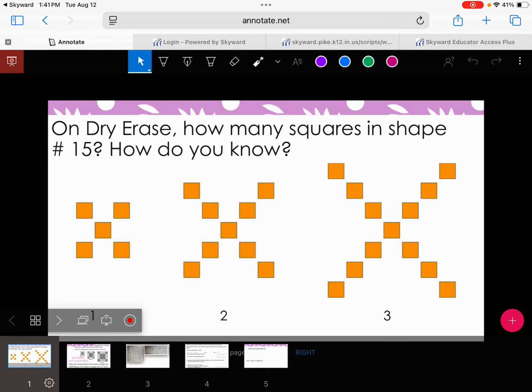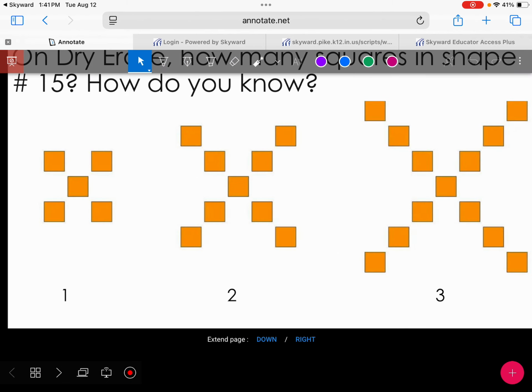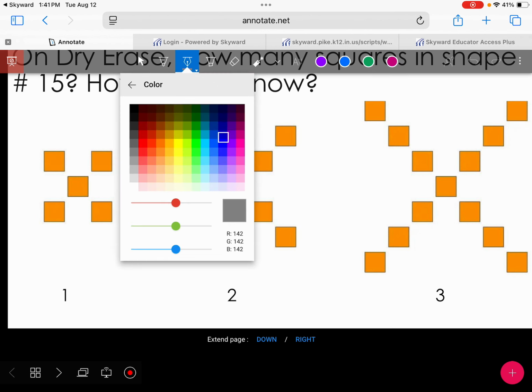All right. So let's take a look at this pattern and see if we can figure out what's going on. What do we notice? What do we notice about this pattern?